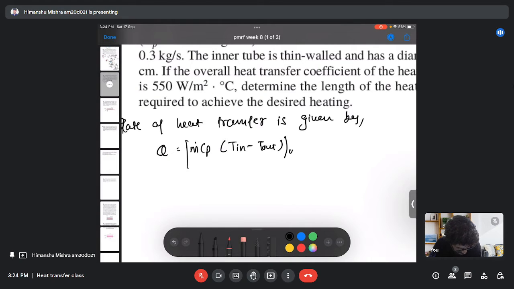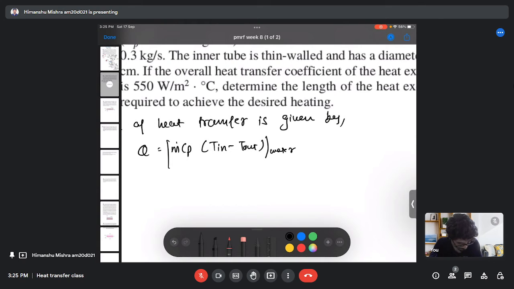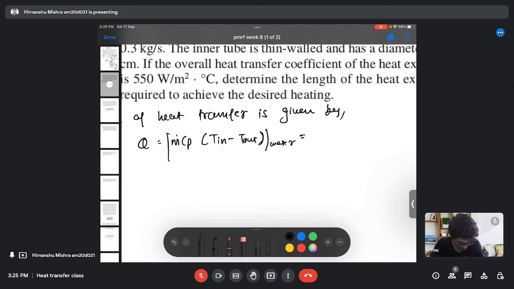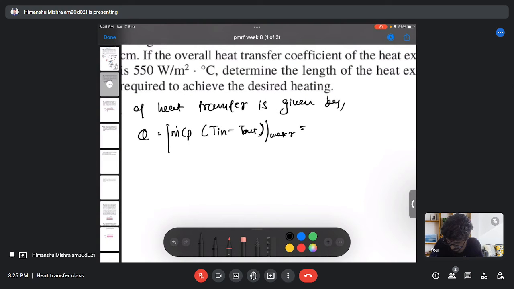So this is for water. The mass flow rate is 0.2. Heat capacity we already have given in kilojoule.